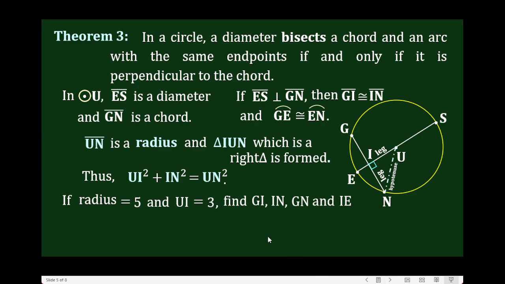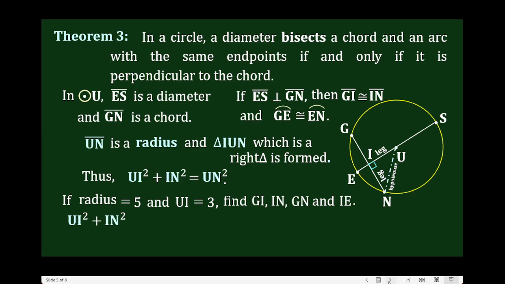Among the 4 unknown segments, we can first look for the length of segment IN using this formula. We directly substitute the 2 given segments into this formula. IU is given, UN is given. What we are looking for here is the length of segment IN.